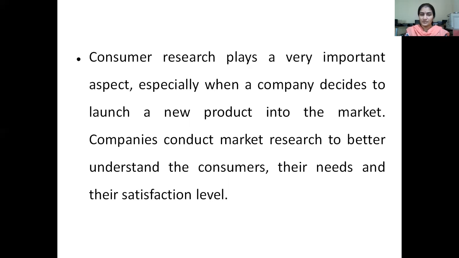And once the product has been launched into the market, we analyze whether my product has reached the ultimate objective I had set, whether the consumers are satisfied by using my product, or if not, why they are not satisfied. We are going to make a detailed study about that also. This is also part of consumer research.